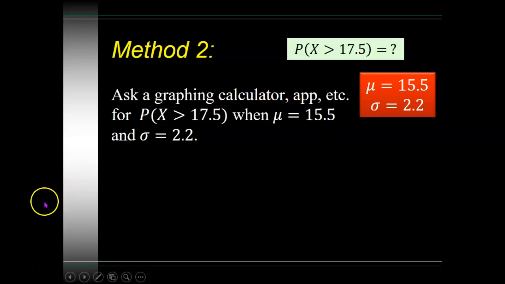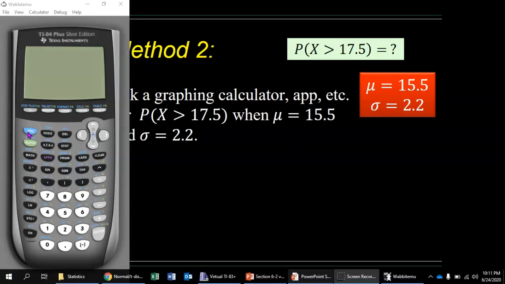So let me show you what that looks like. On a TI graphing calculator, like a TI-84, I'm going to go to the distributions menu. Remember, I push second and then the button that says DISTR above it. And I'm going to select normal CDF, the second thing on the list.